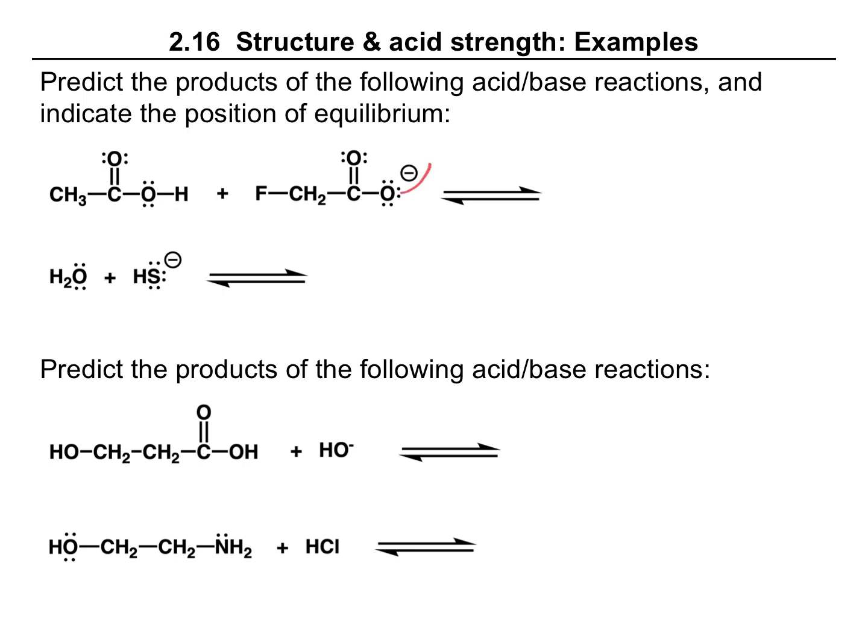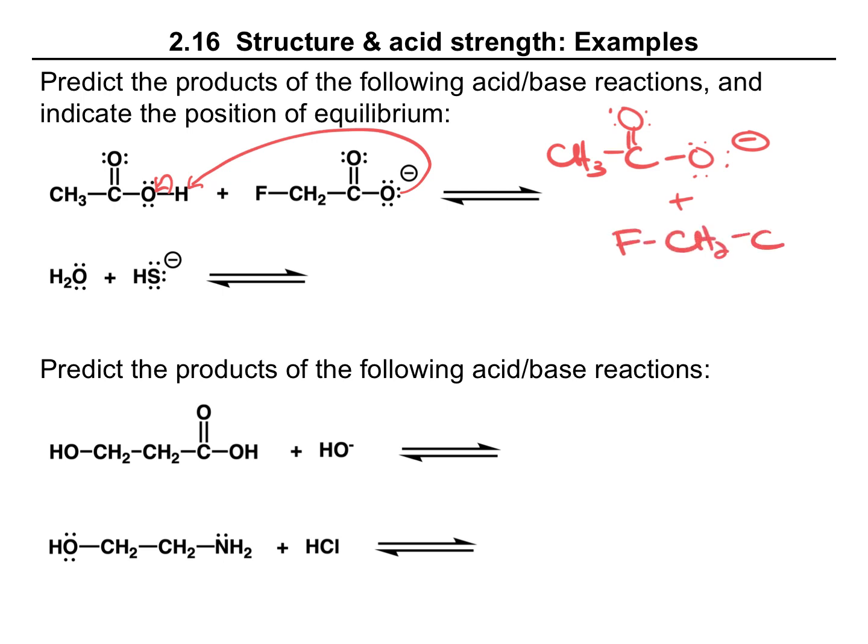So this base will grab off a proton. These electrons will move on to the oxygen, and that will give us CH3, C double bond O, O minus, and F, CH2, C double bond O, OH.